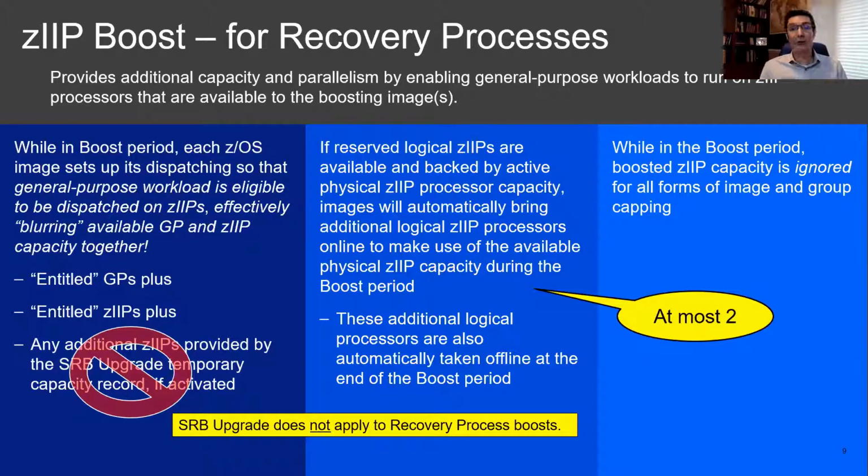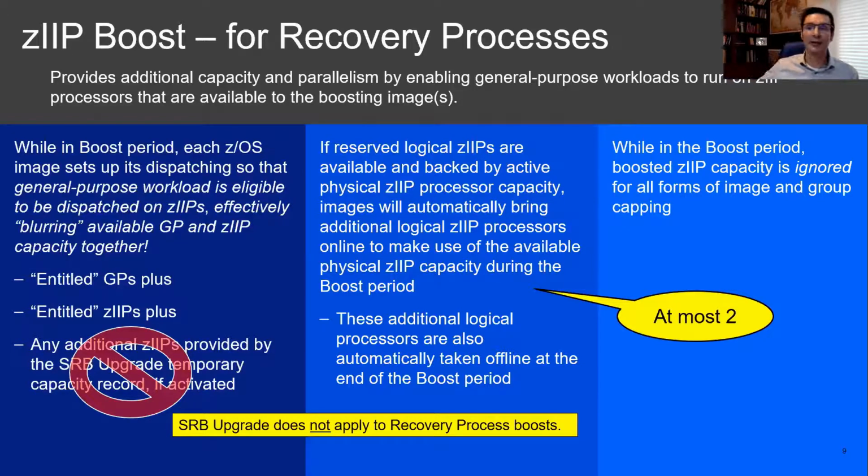there's this optional paid option called SRB upgrade, which I can avail myself of for IPL boosts. And this upgrade allows you to take dark engines, and it's very similar to the way capacity on demand COD works today, where I can temporarily upgrade the capacity of my machine using dark engines, for example, engines that are there on the machine physically, but you're not paying for those engines, they're not being utilized.